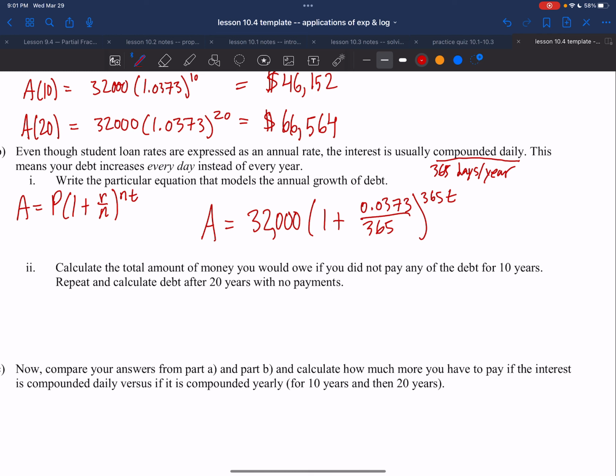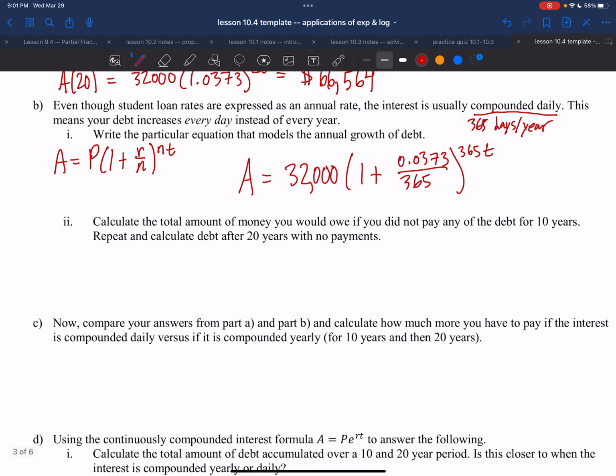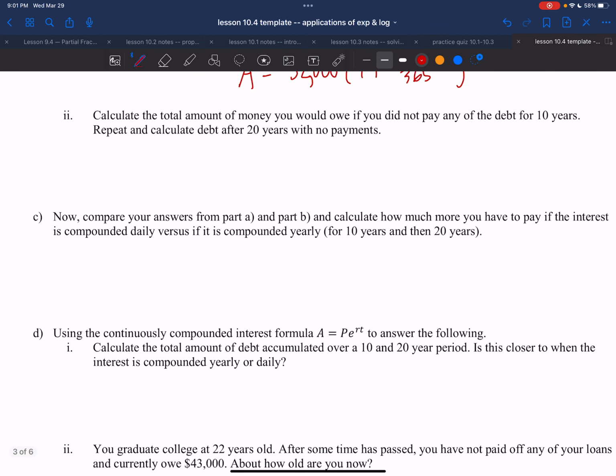So I'm just going to leave the answer like that. That is the exact model. I'm not going to calculate this and then round. Does that make sense? Your model then becomes less accurate. Just use that expression. I know it's a little ugly, but it's fine.